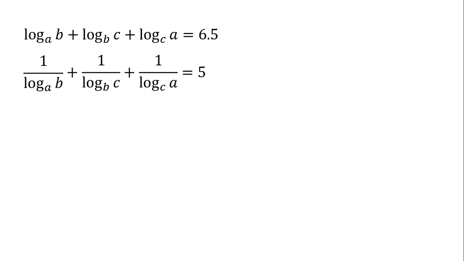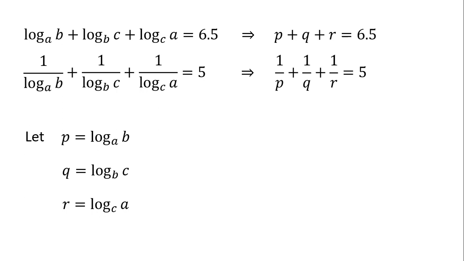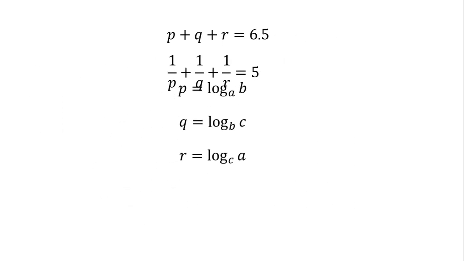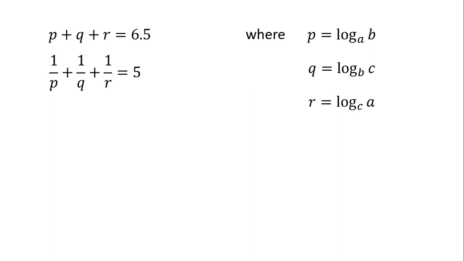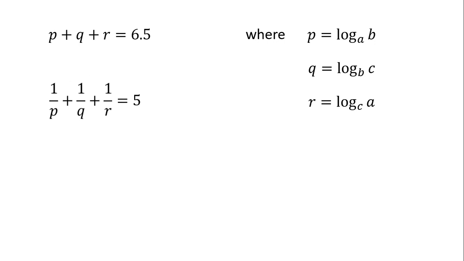I'm going to simplify further the equations by letting p be equal to log of b to the base a, q be equal to log of c to the base b, and r be equal to log of a to the base c. So the two equations will become p plus q plus r equals 6.5 and 1 over p plus 1 over q plus 1 over r equals 5. Now let us manipulate the second equation.